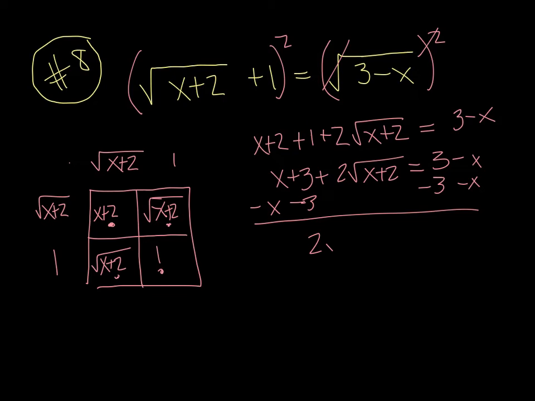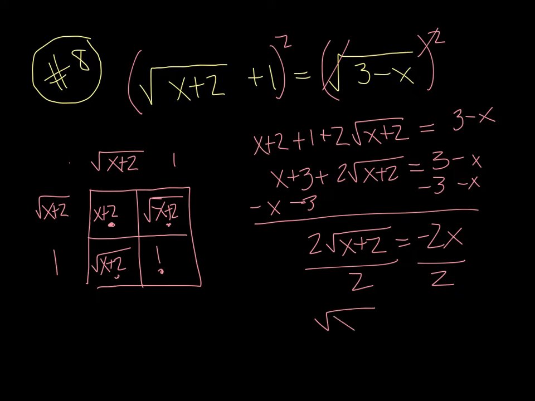So that leaves us with just 2 square root of x plus 2 on one side, and on the other, the 3's cancel, and negative 1 and negative 1 is negative 2x. Now the last thing we need to do here is divide by 2 to get that radical by itself. So it leaves us with just negative 1x, I'm sorry, negative x.